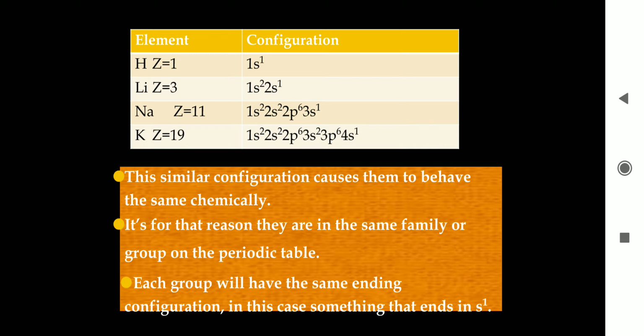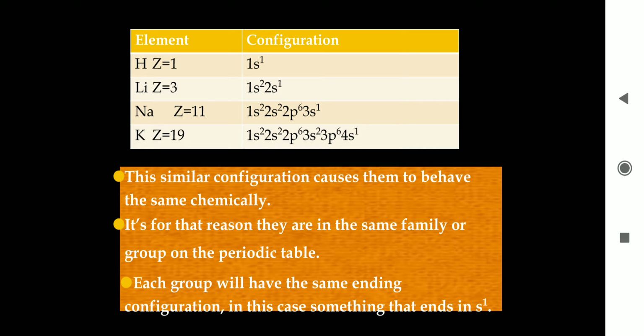This similar configuration causes them to behave the same chemically. It is for that reason they are in the same family or group on the periodic table. Each group will have the same ending configuration.